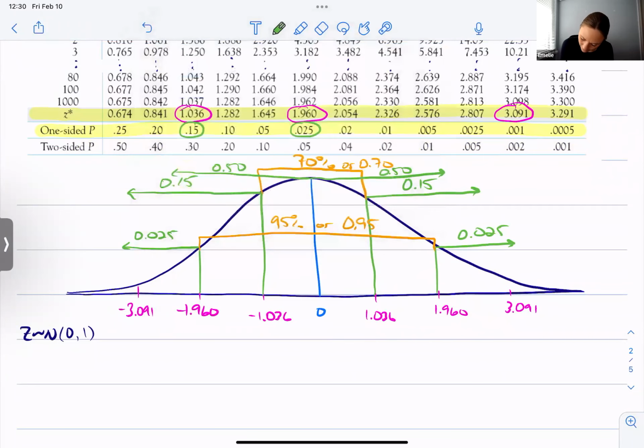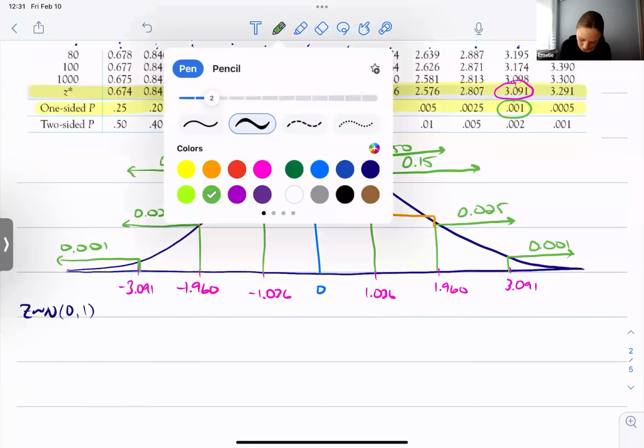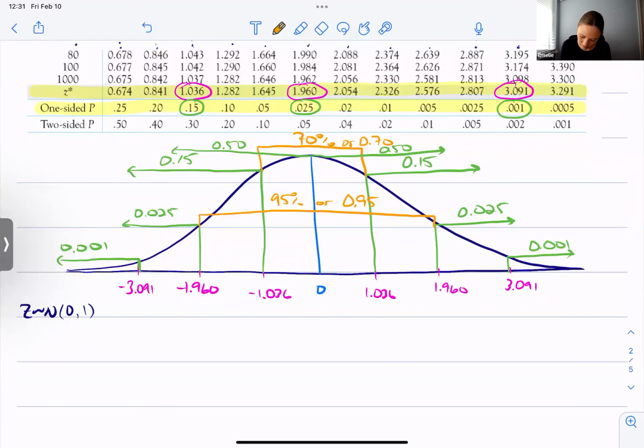And finally, for 3 standard deviations below and above the mean, now we have a tiny area here, 0.001, and the same thing on this side, 0.001, which means how much in between, right?